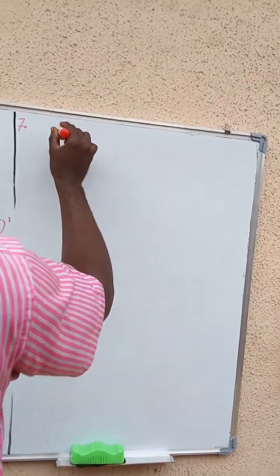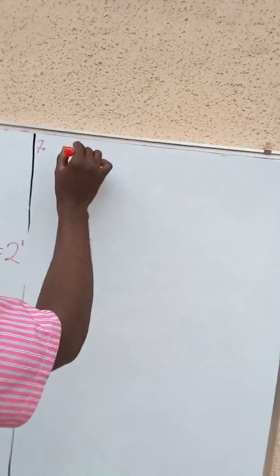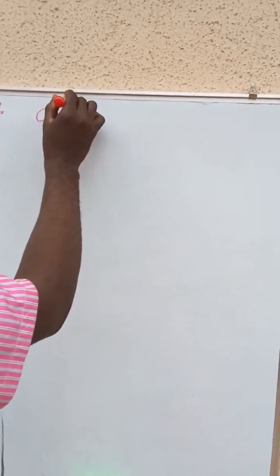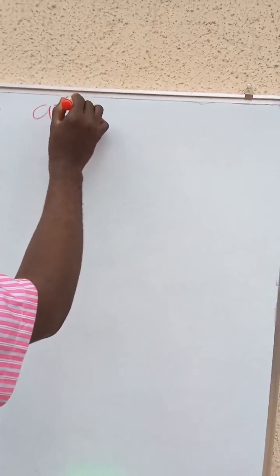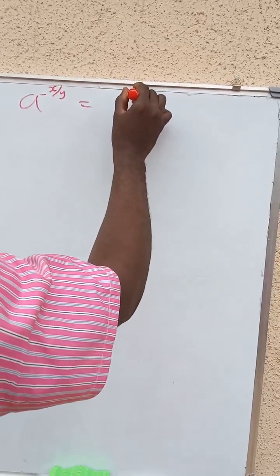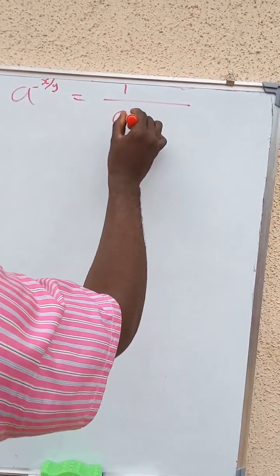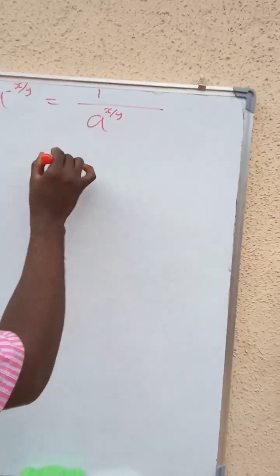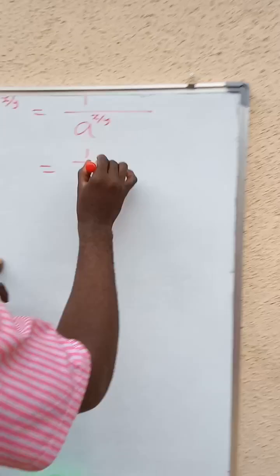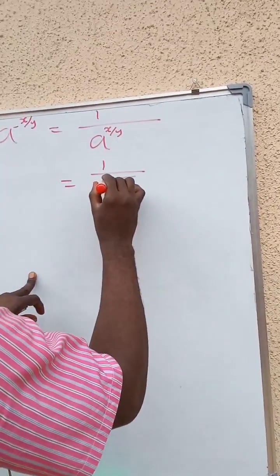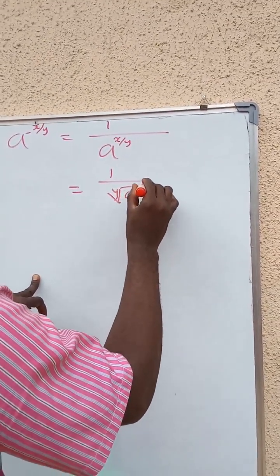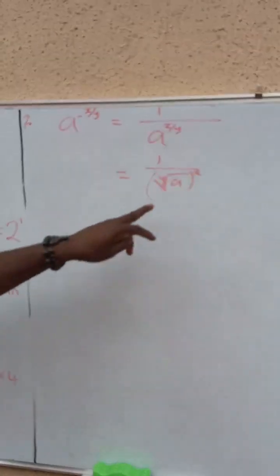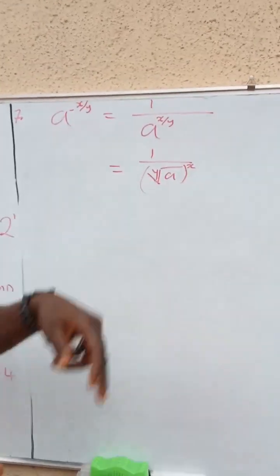If I have a raised to the power of minus x over y, the same thing as 1 over a raised to the power of x over y, which is the same thing as what? 1 over the y root of a raised to the power of x. The denominator will serve as a root, the numerator will serve as a power.